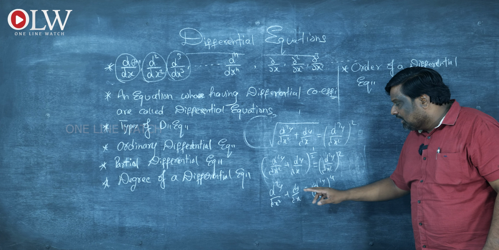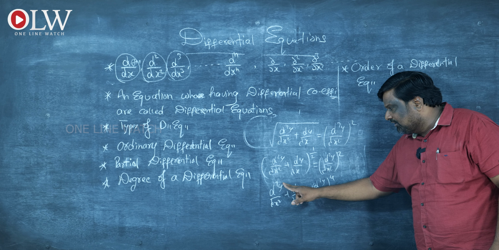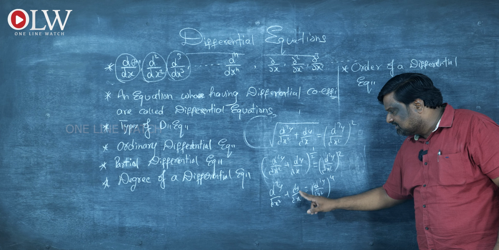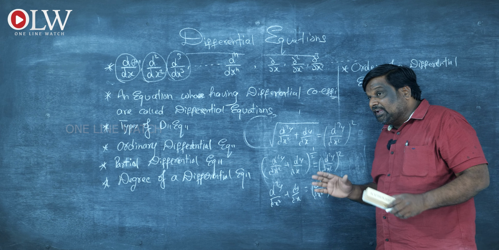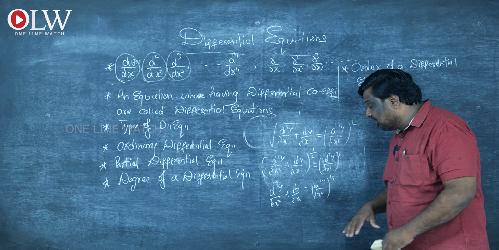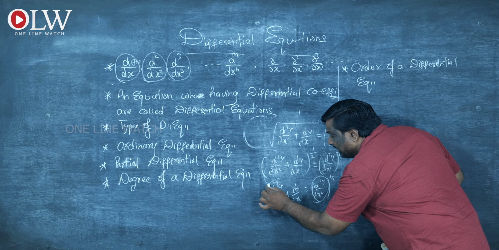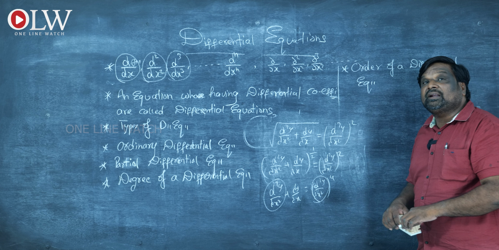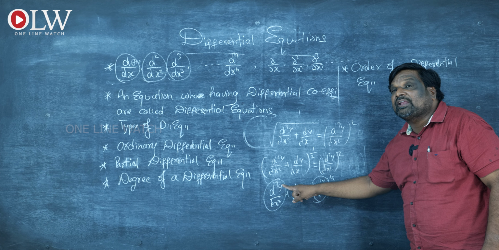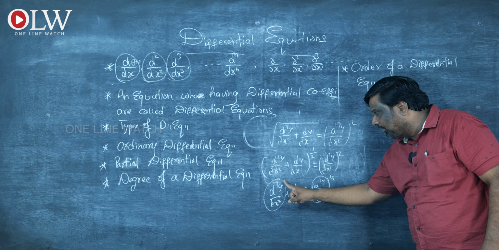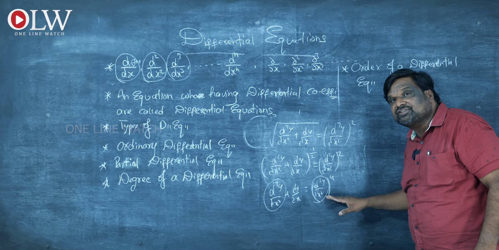To define the degree, for d²y/dx² the power is 1, for dy/dx it is 1, and for d²y/dx² on the right side it is 4. The order is defined by the highest order differential coefficient, d²y/dx², and the degree is the power of that highest order coefficient. Here the powers are 1 and 4, so the degree of this differential equation is 4.